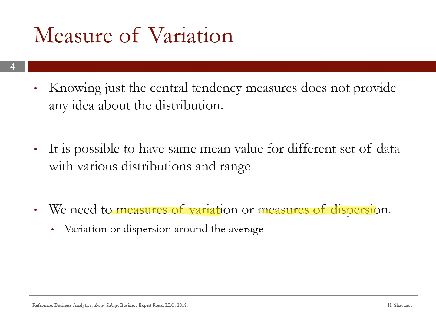This is important because we may have the same mean value for different data sets, but the distributions and the range of those data sets may be completely different. So it is important to have the measures of variation as well.